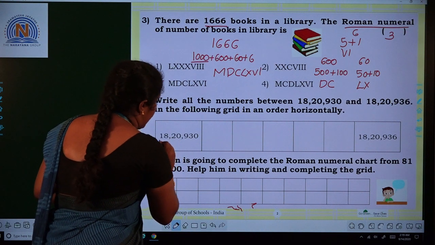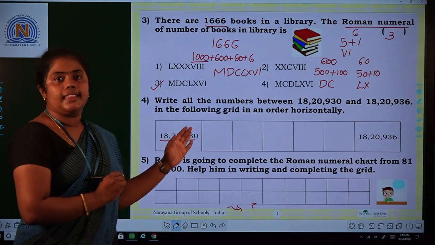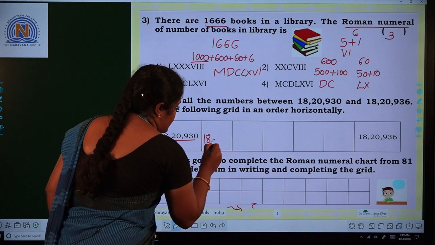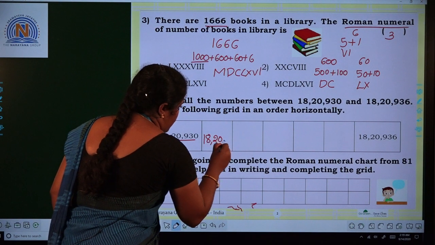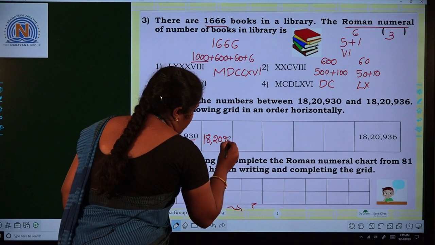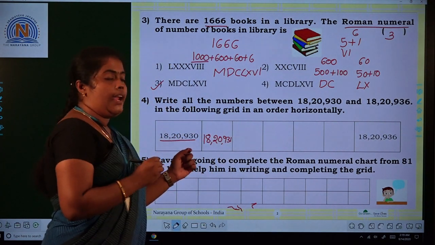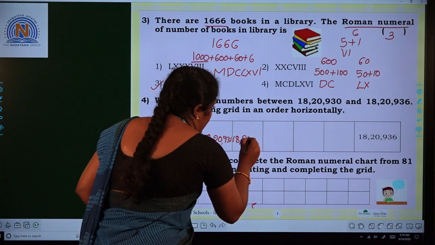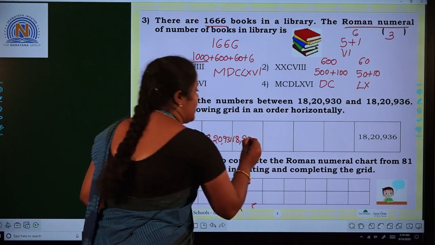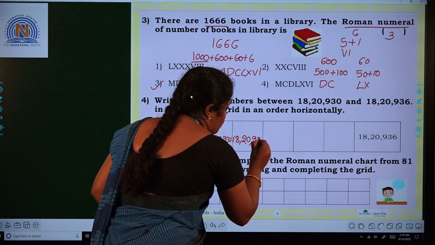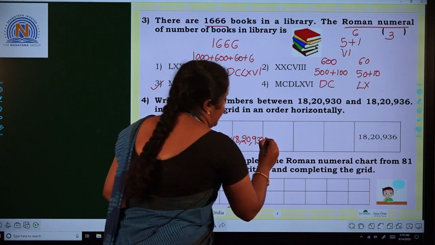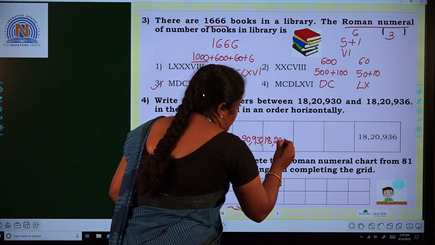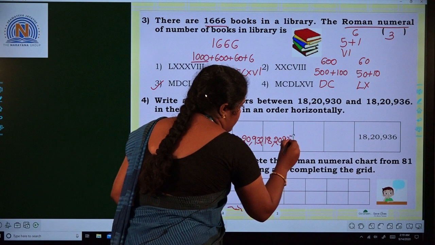The given number is 18 lakhs 20,930. The next number is 18 lakhs 20,931. After 18 lakhs 20,931, the next number is 932. Next, 18 lakhs 20,933.